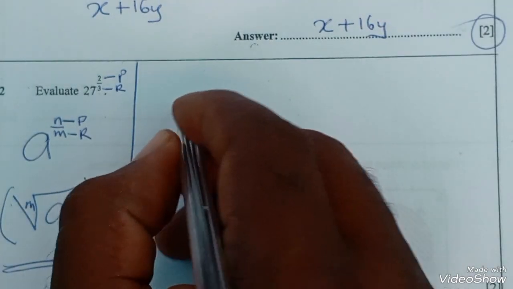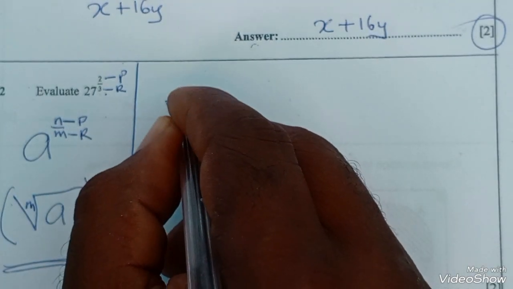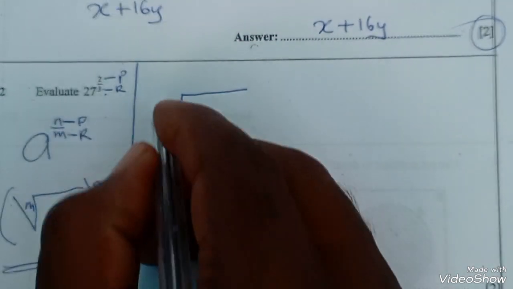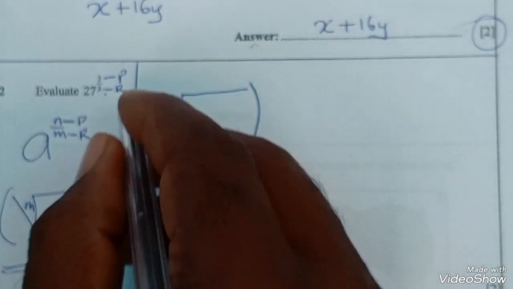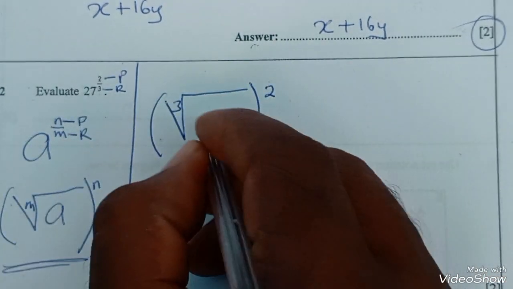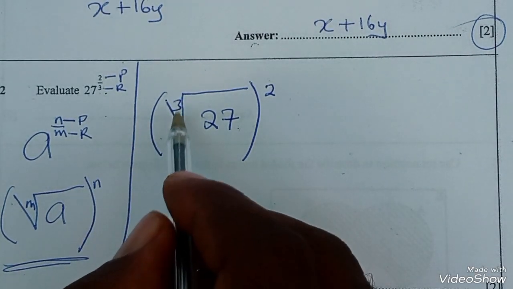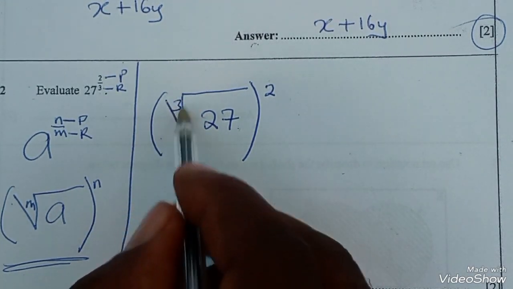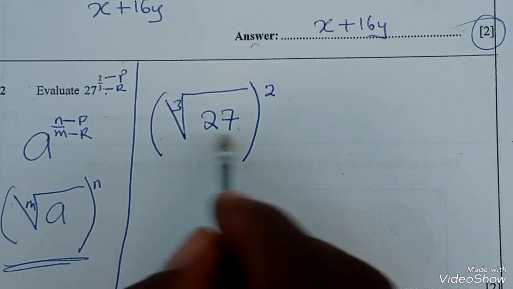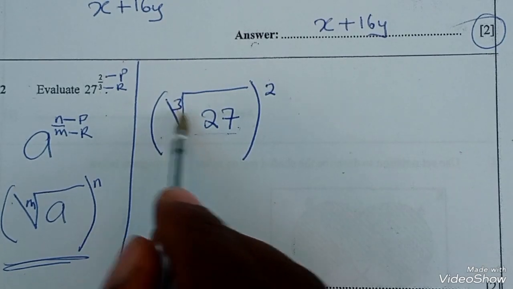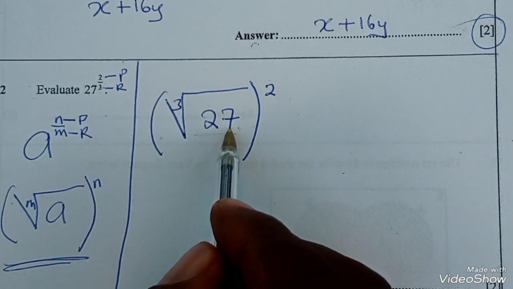So we have the cube root. Our root is 3 and our power is 2. The base is 27. So we are going to find the number that we can multiply 3 times and gives us 27. Just one number, you multiply it 3 times, it gives you 27.